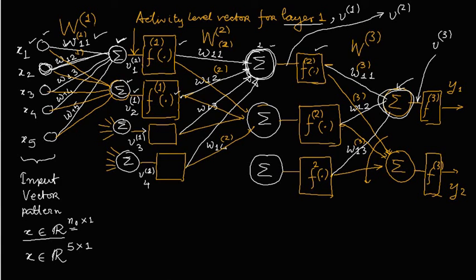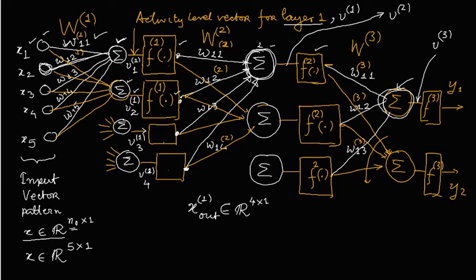The outputs which we are getting at these activation function outputs, these we represent as X out 1. This superscript 1 represents layer 1, and this vector belongs to R, and as we have 1 2 3 4 activation functions, it will belong to R4 cross 1.